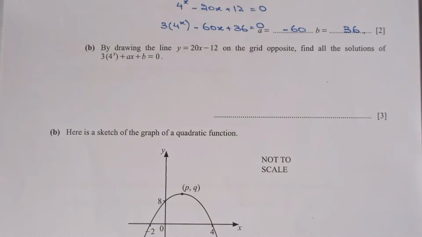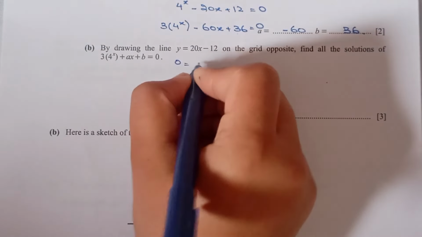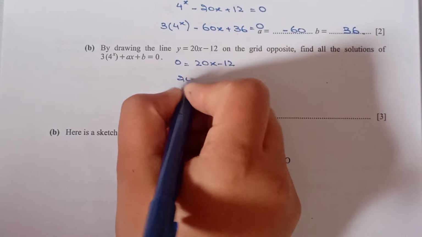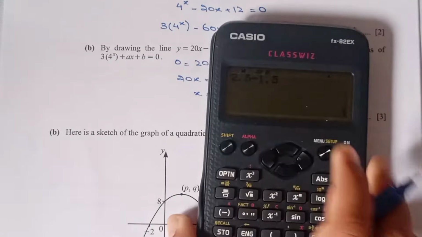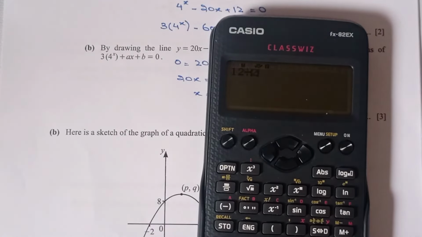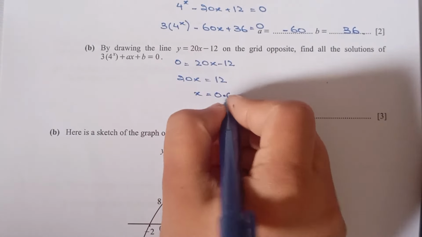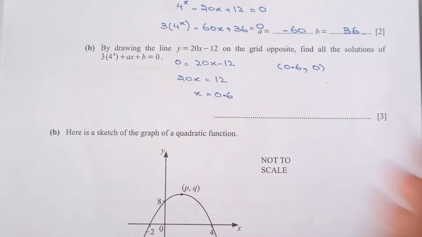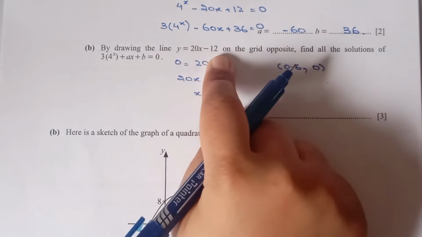So if we set y equals 0, then 20x minus 12 equals 0. So 20x would be equal to 12 and x would be equal to 12 divided by 20. This would be 0.6. So we have the first point, x is 0.6 and y is 0. And when we substitute x equals 0, y would be negative 12, and again, negative 12 is not on the grid.